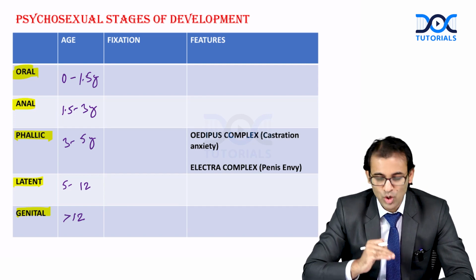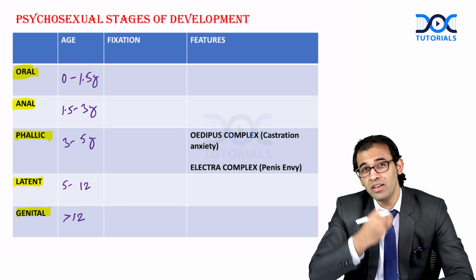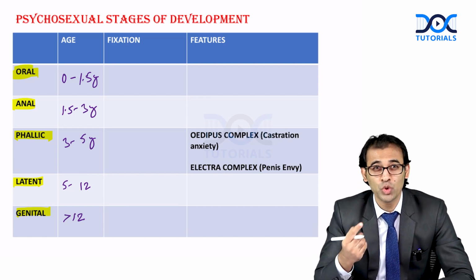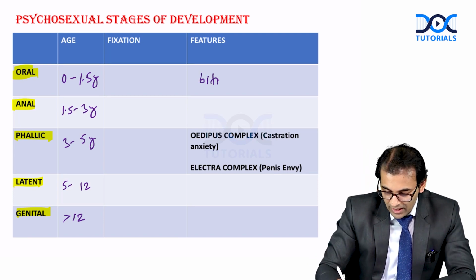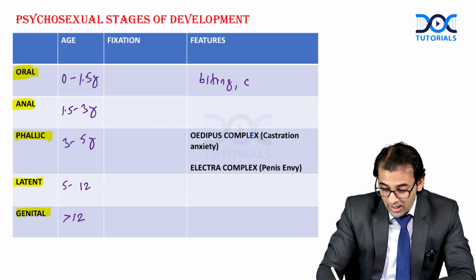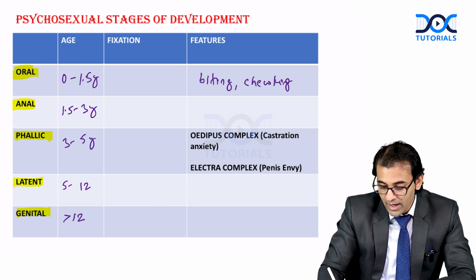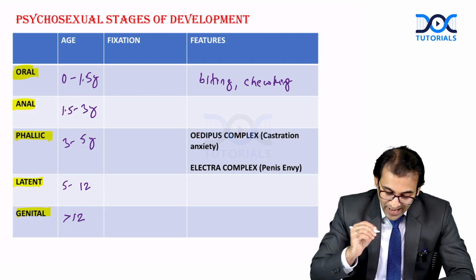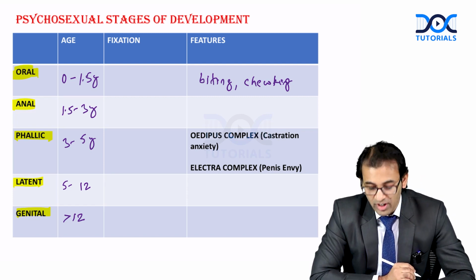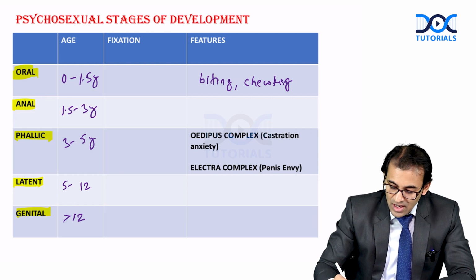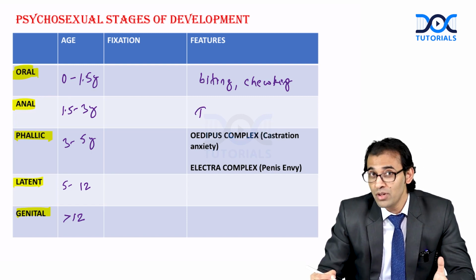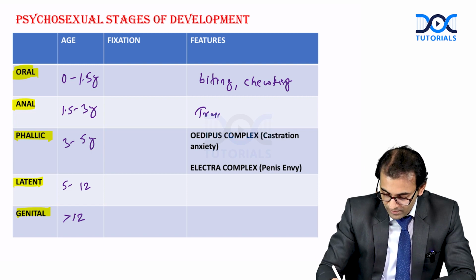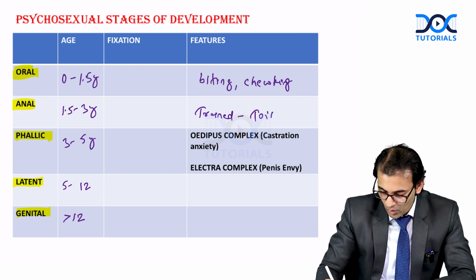At 0 to 1.5 years, a child derives pleasure by biting, sucking and chewing. And at 1.5 to 3 years, during this stage, the child is being trained for the toilet.